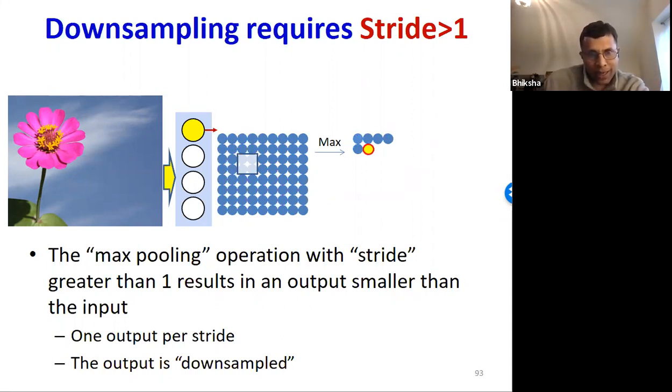As a result of all of this striding, the output map is going to be shrunk with respect to the input by a factor equal to the stride in every direction. So here, because the stride was 2, the output map is going to be half as long and half as wide. It's a factor of 2 shrunk, both in terms of height and width.